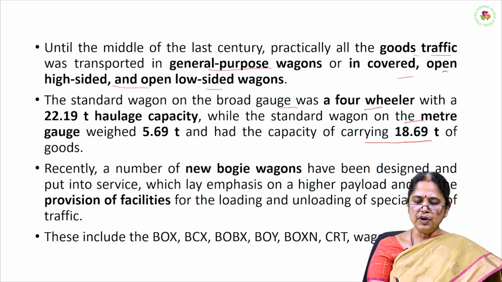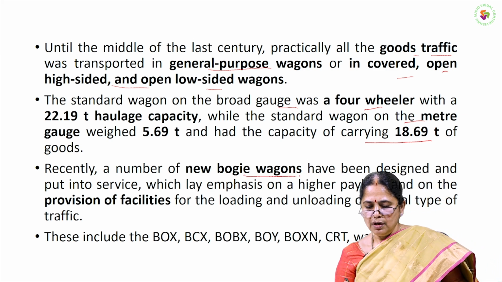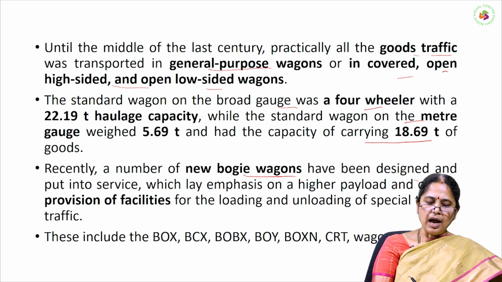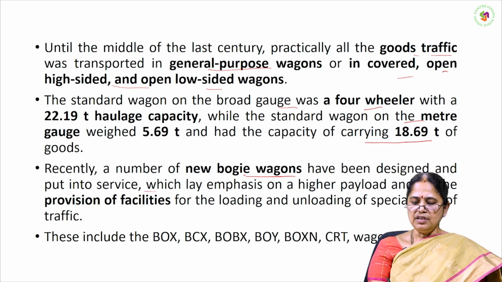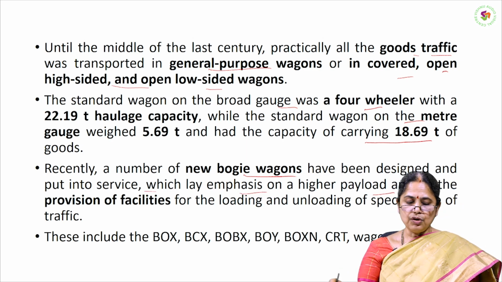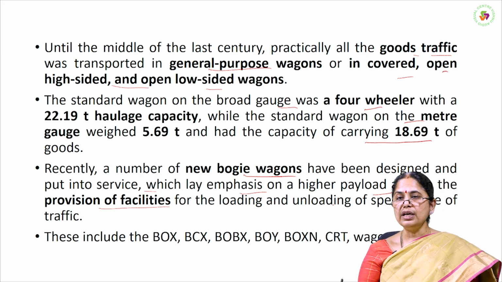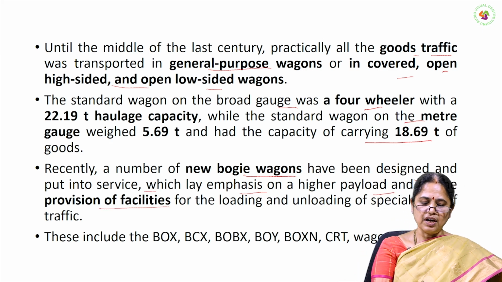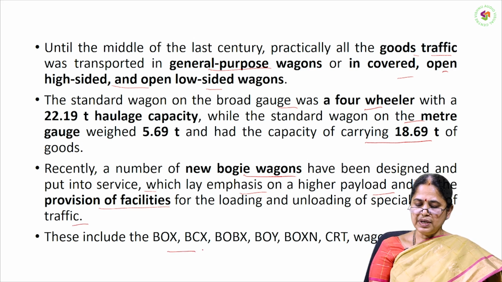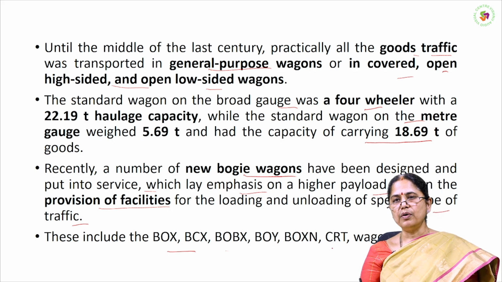Recently, a number of new bogie wagons have been designed and put into service which lay emphasis on higher payload and on the provision of facilities for loading and unloading special types of traffic. These include BOX, BCX and BOBX, box and CRT wagons, etc.